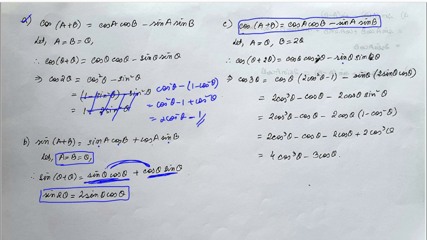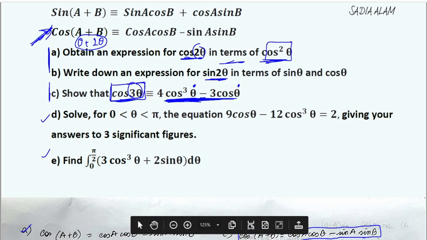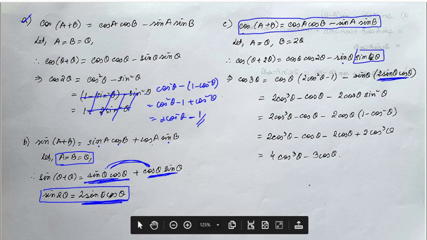But the thing is, if we look at the last line, this is what we need to show, right? Each and every single angle is actually theta. So you cannot have any double angle or triple angle here, and all the terms have to be in terms of cos. So whatever we have, we need to convert into terms of cos. So sin 2 theta can be replaced by its double angle formula, we can use this one.